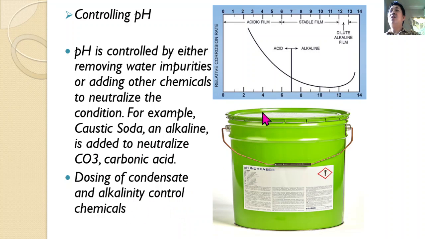So we have here a pH increaser. We increase our pH to normal, up to 8.5 to 9.5, so we use a pH increaser here. But normally this pH increaser is used in swimming pools, not in boiler water. So we can see later on.